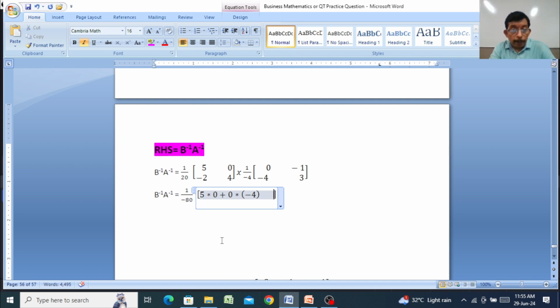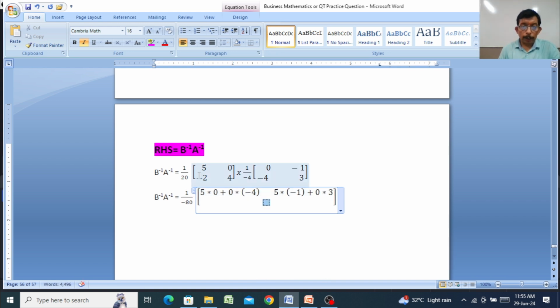Then the first row multiplied by the second column: 5 multiplied by 1, minus 1, plus 0 multiplied by 3.